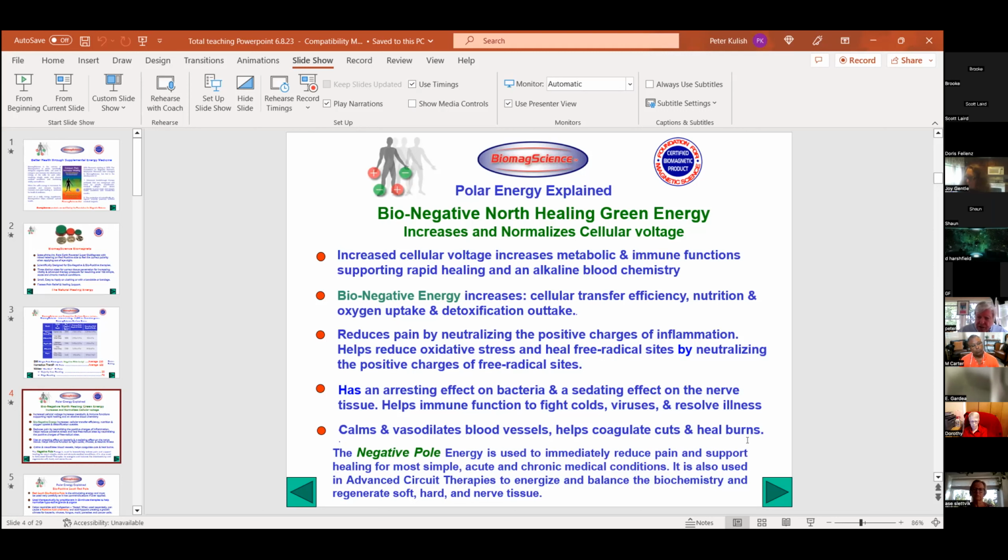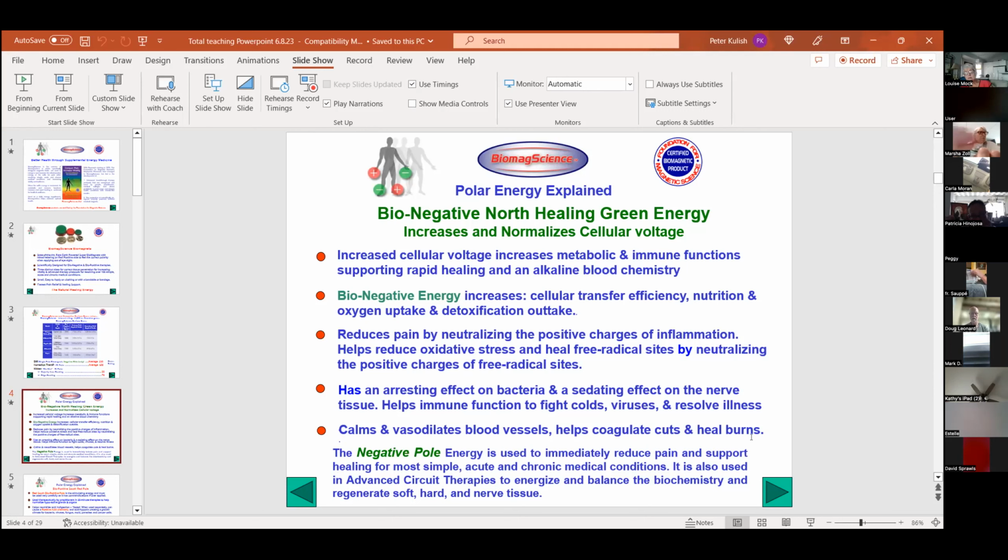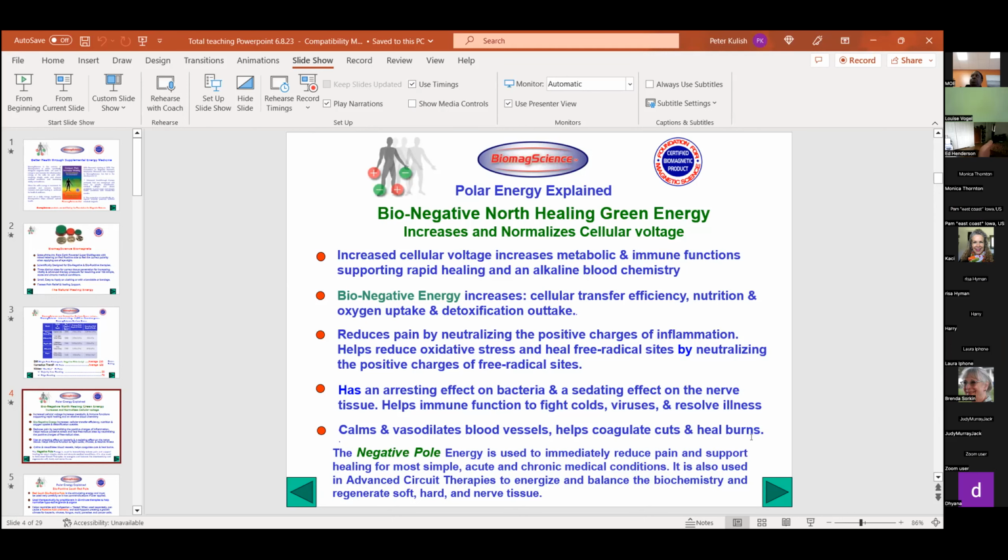It calms and vasodilates blood vessels, helps to coagulate cuts and heal burns. Generally, it is what is used. Well, let's put it this way. When you hurt yourself, the body sends a signal to the brain. The brain sends a signal back to congregate negative energy into the area.